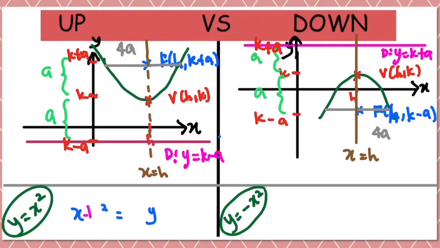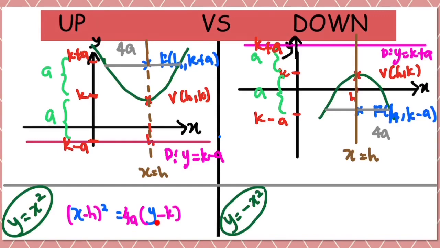Next, what we need to do is, for x, we always minus h, for y, we minus it with k, and then we multiply the linear part, the y part here, with 4a. So this is the general formula of parabola opening up. Let us see here, x minus h squared, and this side here is y minus k, where this h and this k here is actually your vertex.